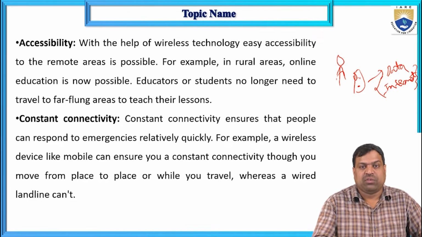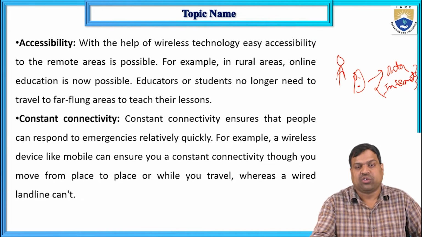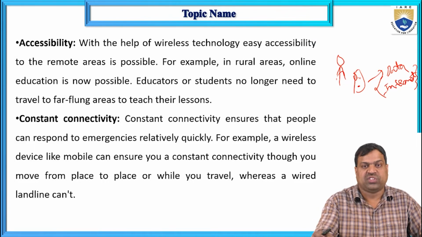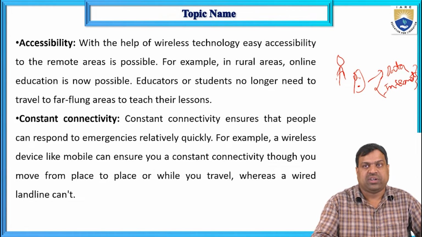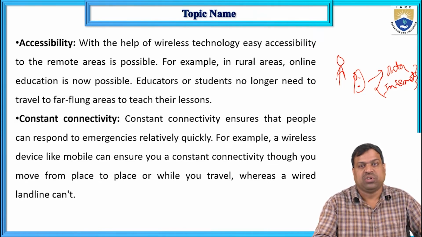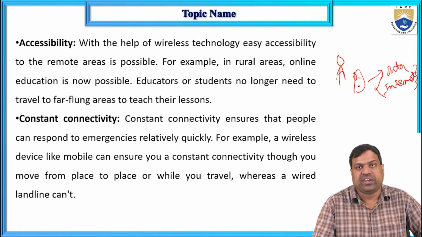If I have a landline phone, it is not possible to go from one location to another, because the wired connection is already fixed in my office or home. But if I have a mobile phone, it is possible to bring it from one area to another. No need of any physical or wired connection.